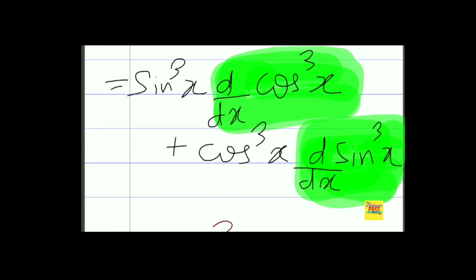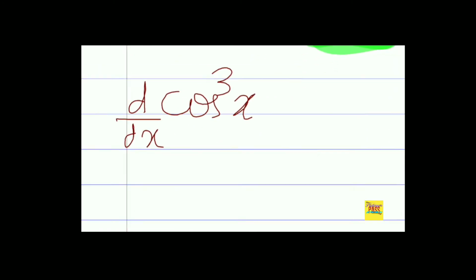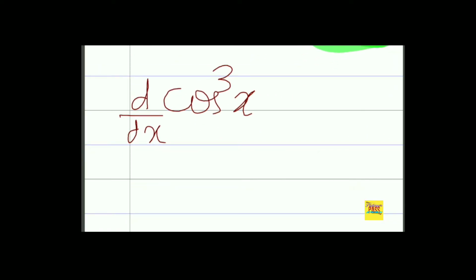Firstly, I solve this separately, then I will put their values in the place of these terms. So the differentiation of cos cube x becomes... now we have to identify which formula we will use here. While searching, we got cube and cos.